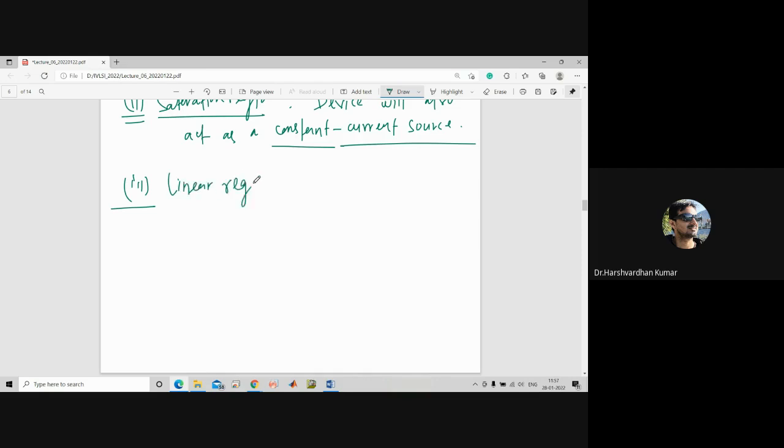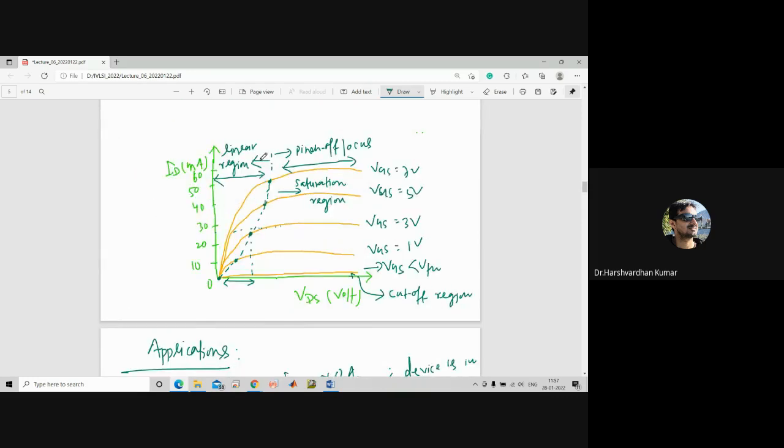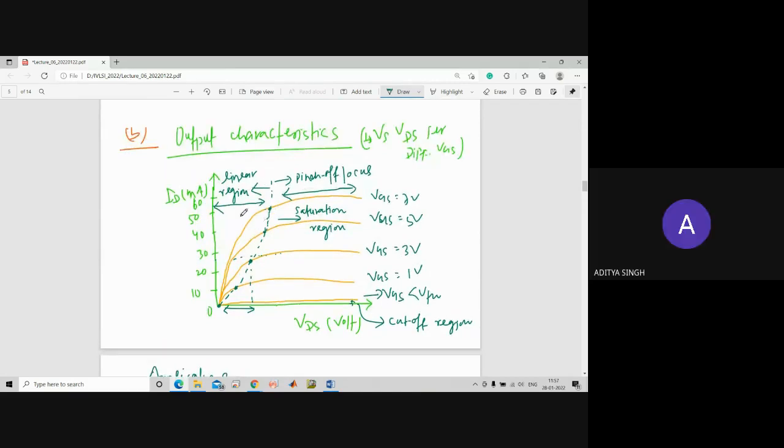Now, let us talk about the third application from the characteristics, that is the linear region, or you can say ohmic region. Just now you will answer. You have to apply your intelligence here. Let me know what will happen in case of the linear region. It can act as a variable resistor. Yes, variable resistor. Why variable resistor?